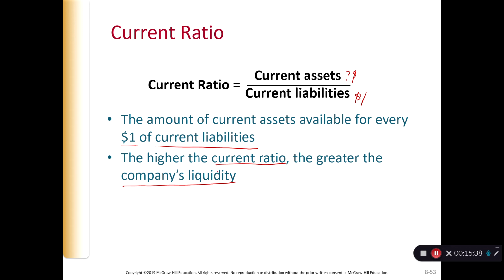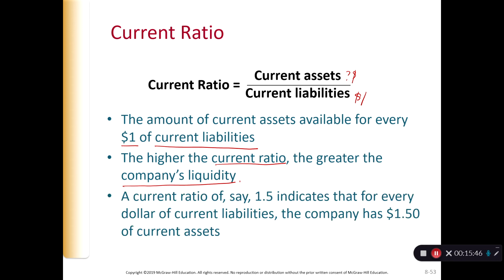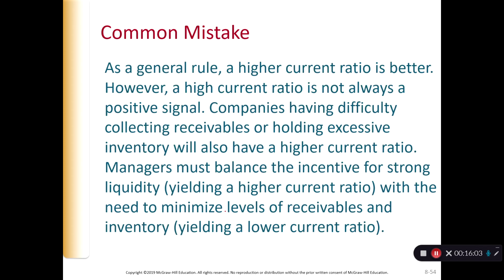In a pandemic, companies' liquidity should be under very tight scrutiny, because a lot of people are running out of cash. A current ratio of 1.5 indicates that for every $1 of current liability, the company has $1.50 in reserve to pay it off.